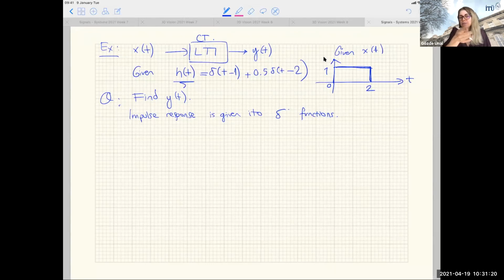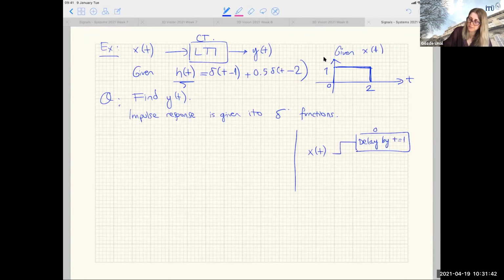So this system, you can think of it as the addition of two systems, right, guys? And there is a scaling too. So for instance, this h is really such a system: x of t, there is a delay system, delay by 1, because that is delta t minus 1.